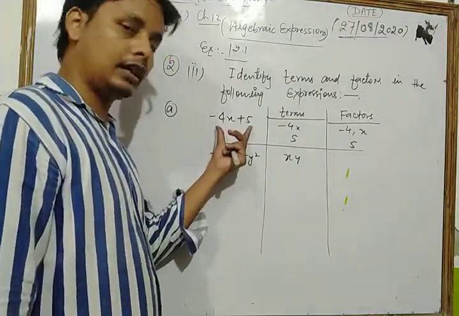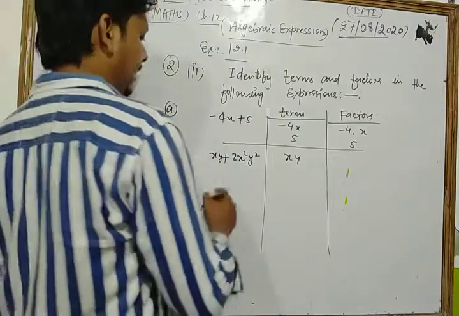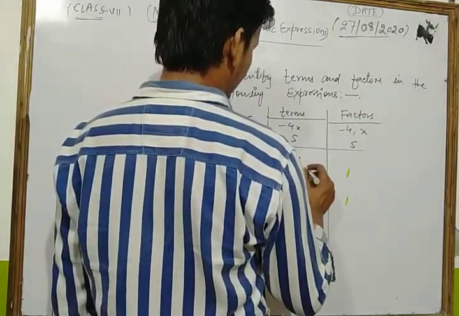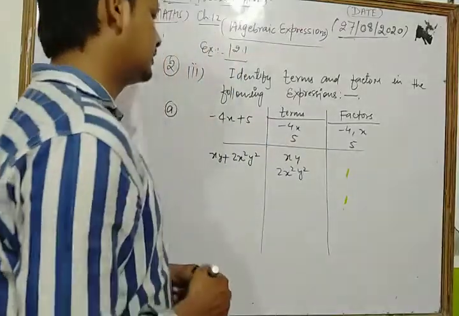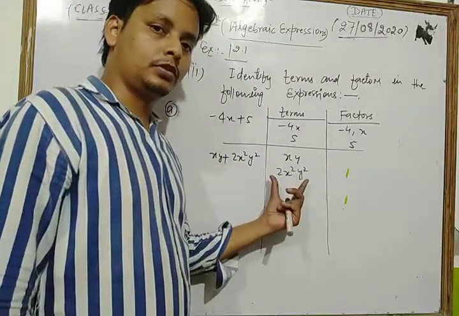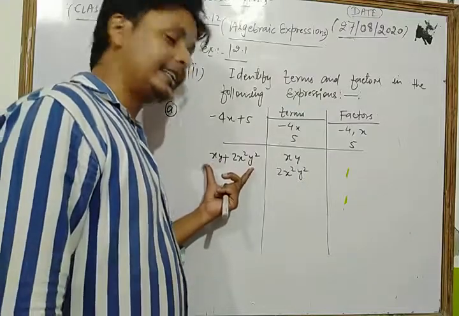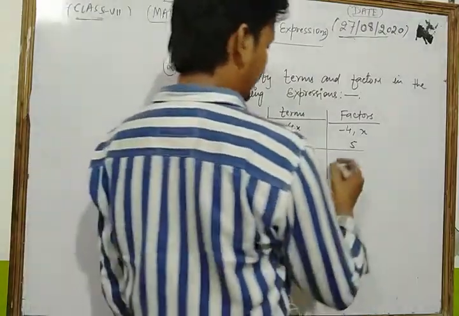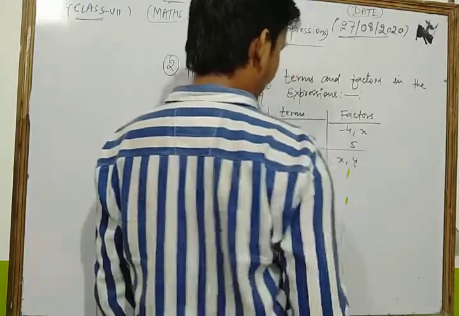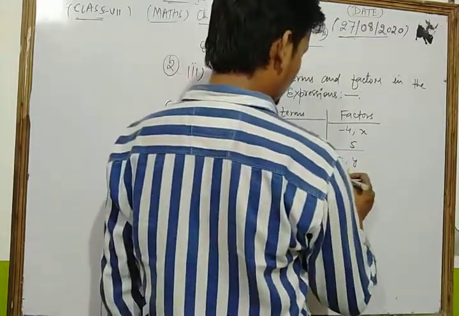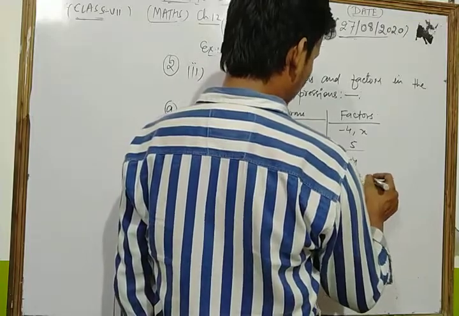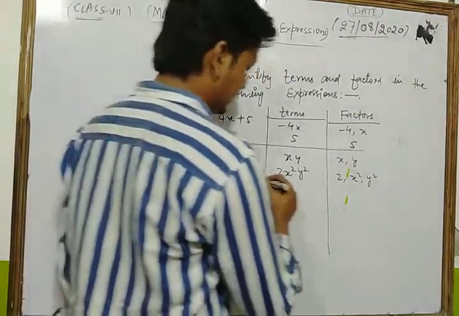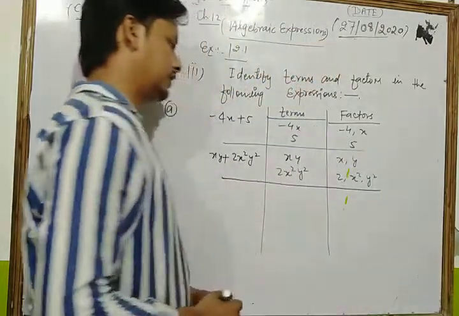This is also a binomial expression. Now for the term xy the factors are x and y, and for the term 2x square y square the factors are 2, x square and y square. So dear student, you represent that type of question in this way.